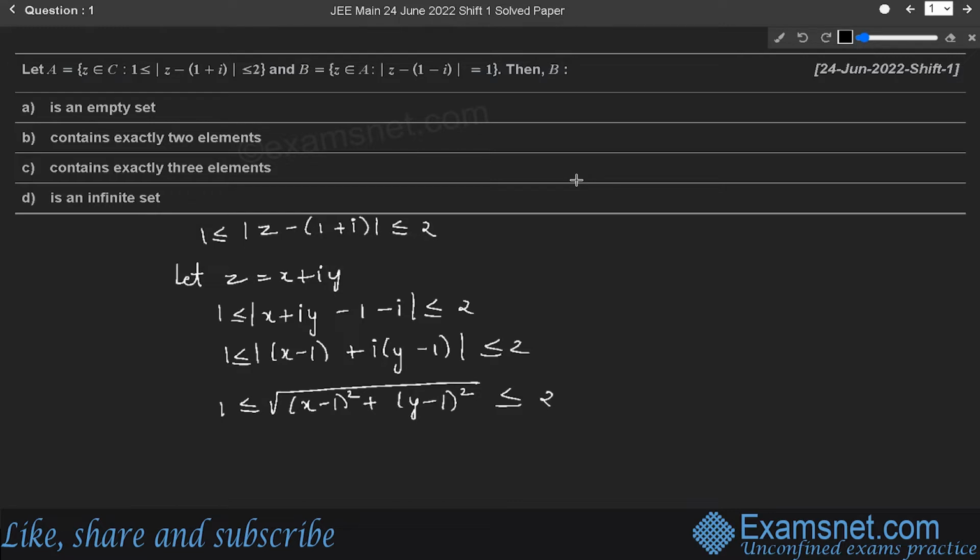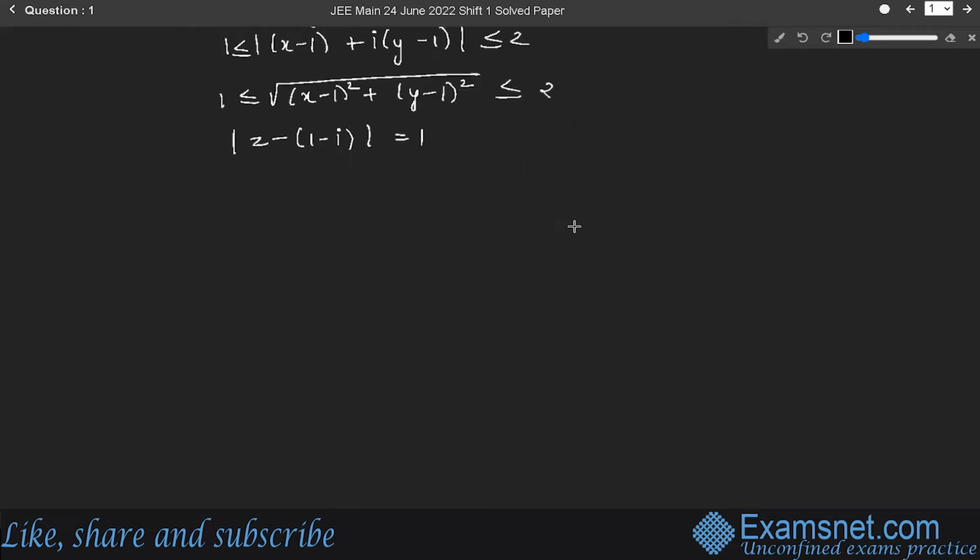It is also given that modulus of Z minus 1 minus i is equal to 1. So here also, substituting the value for Z, it becomes modulus of X + iY minus 1 plus i is equal to 1. Or it can be written as modulus of (X minus 1) + i(Y plus 1) is equal to 1.